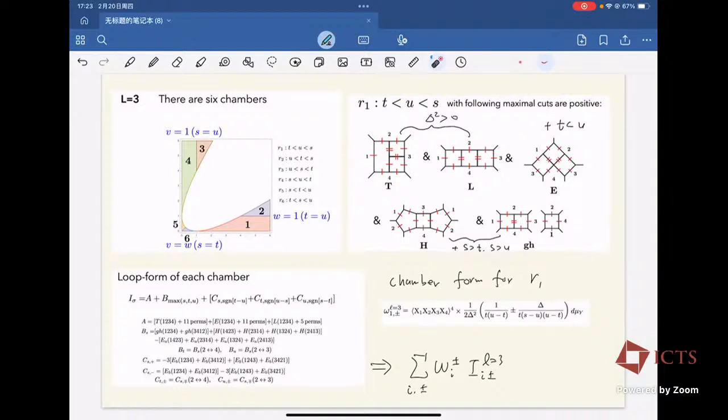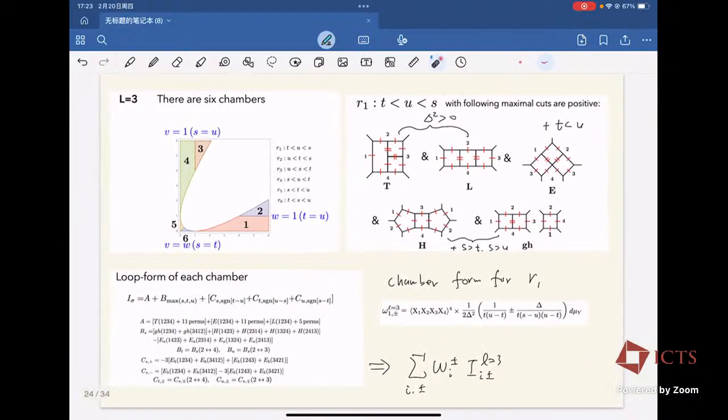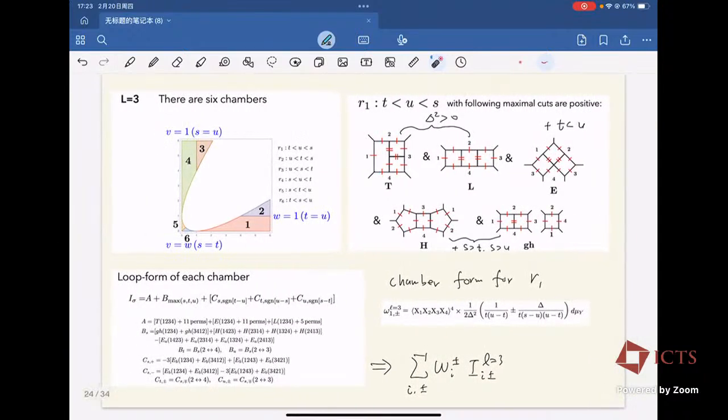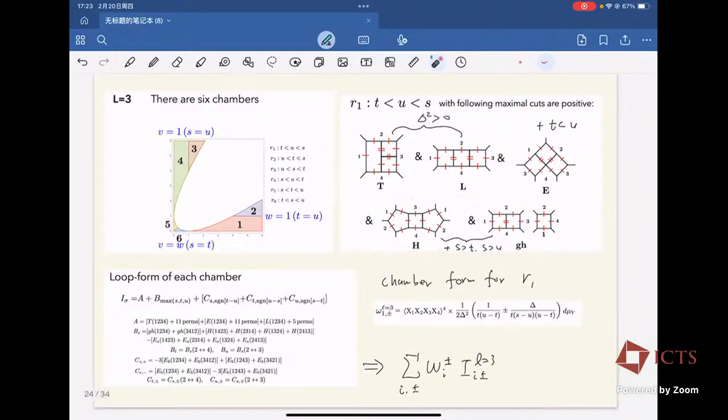Each tree form for each chamber gives you the prefactor. So this is really predicting that at 3 and 4 loops, you have 6 prefactors given by the tree form of each chamber. And for 3 loops, of course, you start to see the tennis court, ladder, and easy and hard integrals appearing from the geometry.